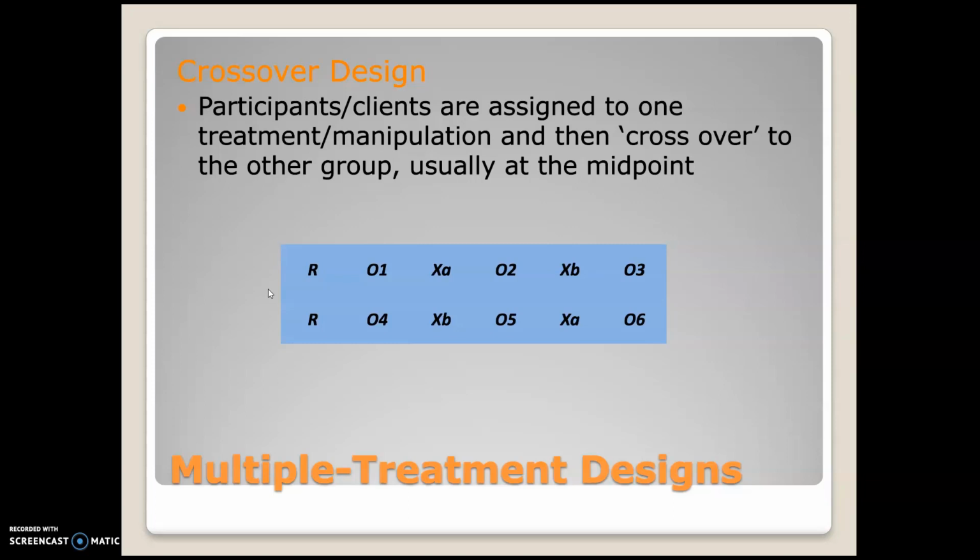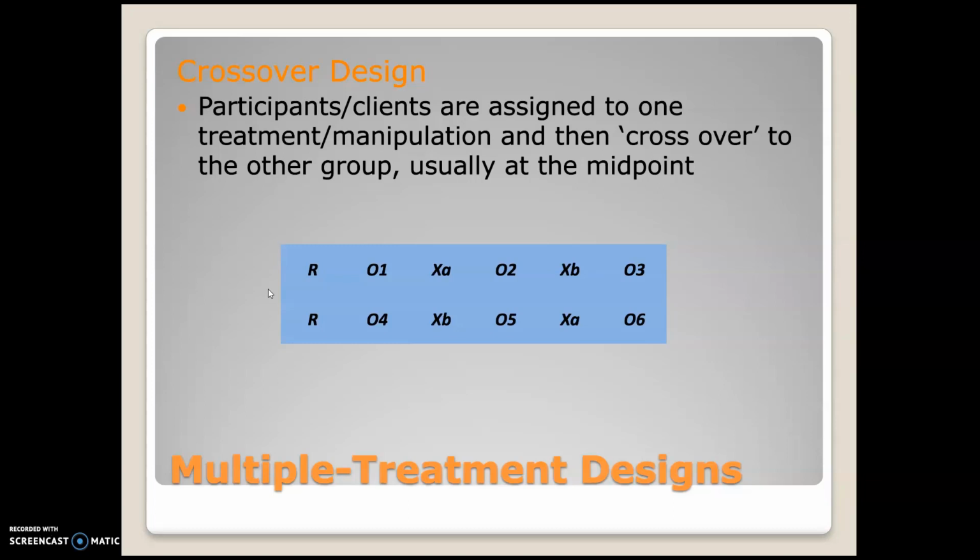The top row, group 1, is getting tested first, therapy, tested again, antidepressants like pills, drug therapy, and then tested a third time. By contrast, the second group is tested, receives the pills, gets tested again, then receives the therapy, and then gets tested a third time.